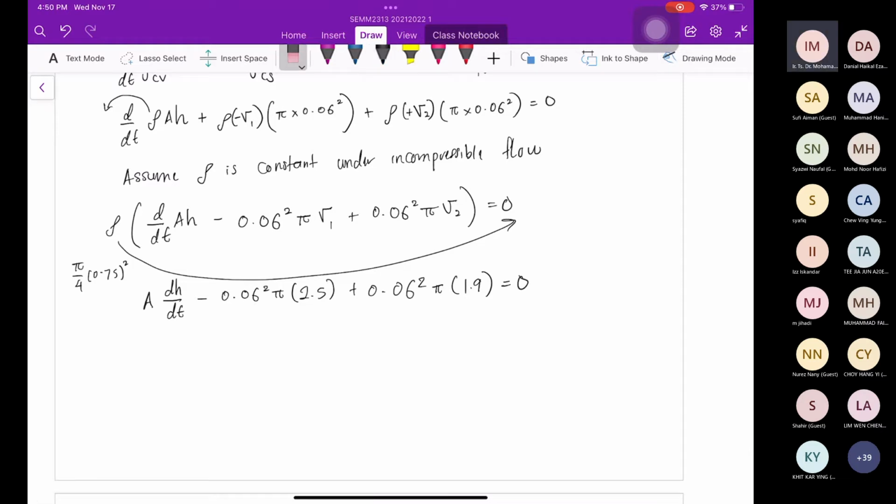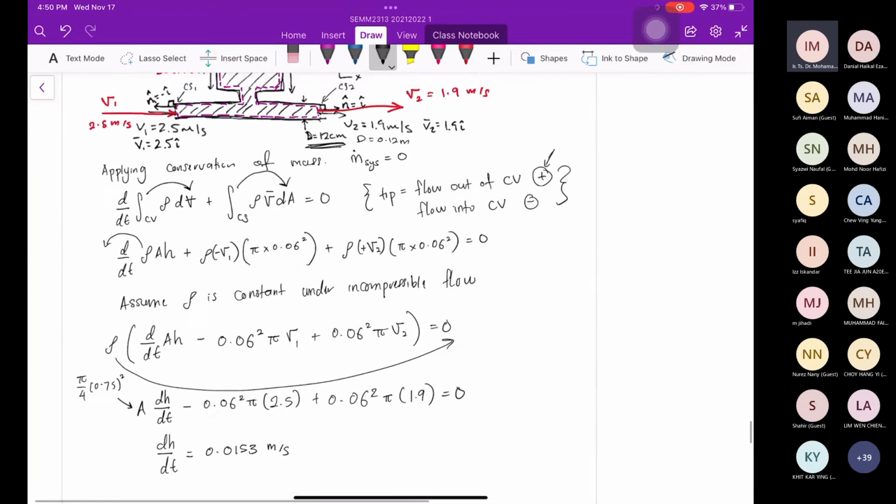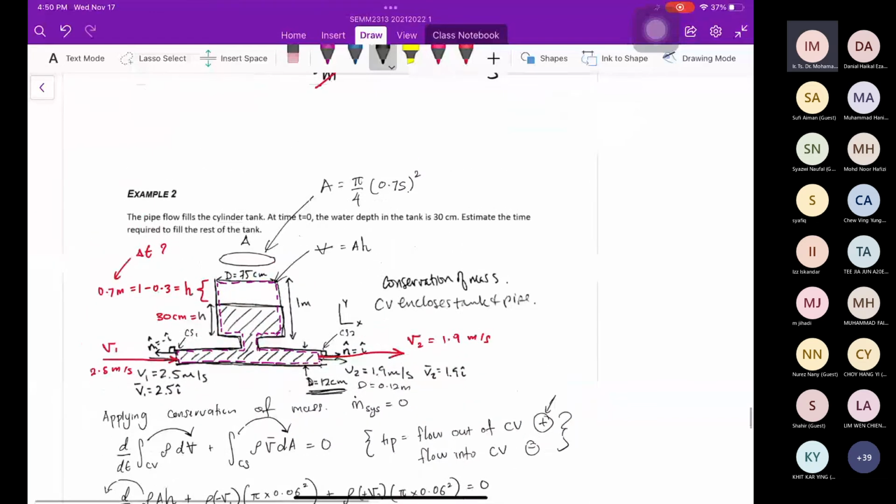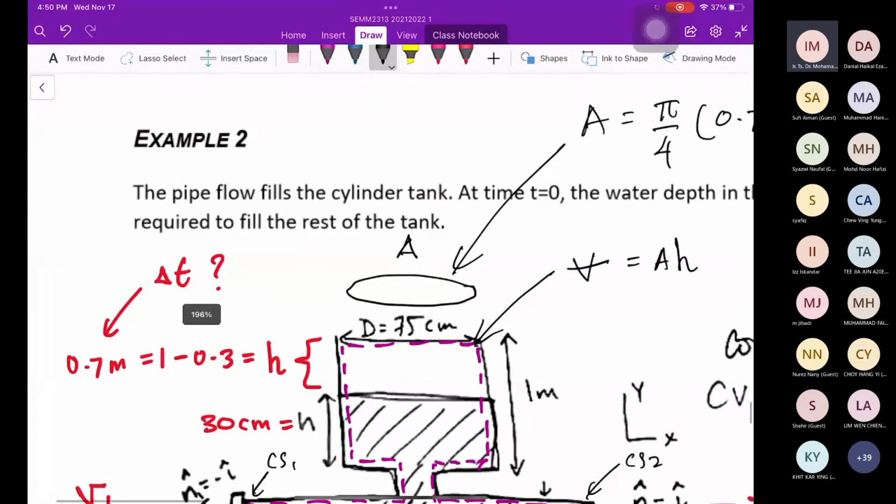So you try to solve this one and substitute it into this one. Everything you will get, dH over dt equals 0.0153 meter per second. So the question asks, estimate the time required to fill the rest of the tank.